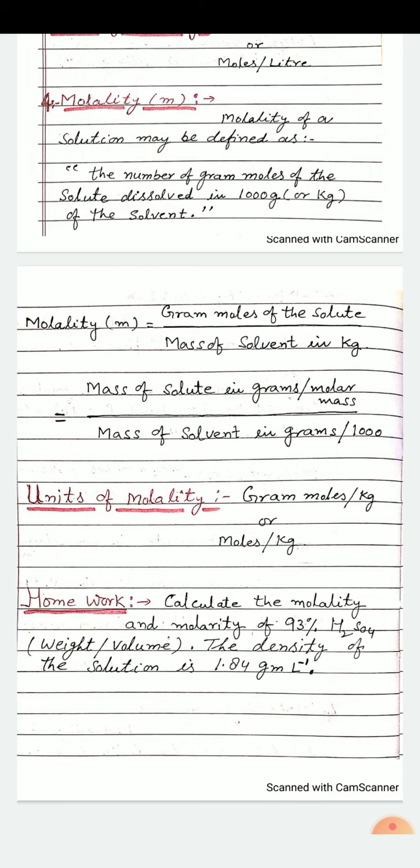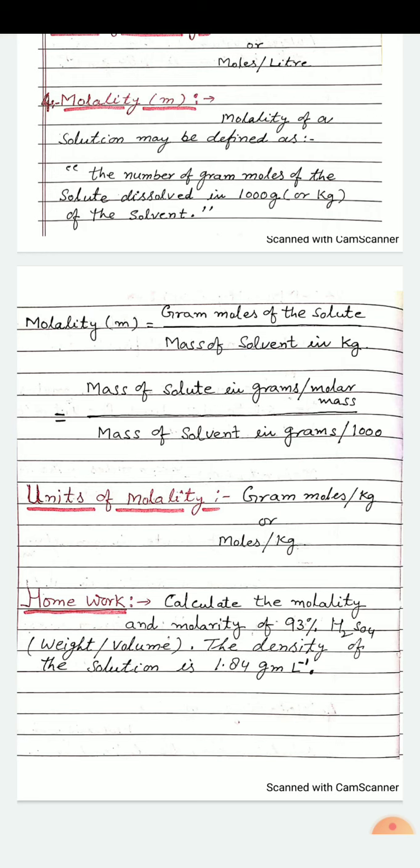Molality m is equal to gram moles of the solute divided by mass of solvent in kilograms, which is equal to mass of solute in grams upon molar mass, whole divided by mass of solvent in grams upon 1000. Units of molality: gram moles per kilogram or moles per kilogram.